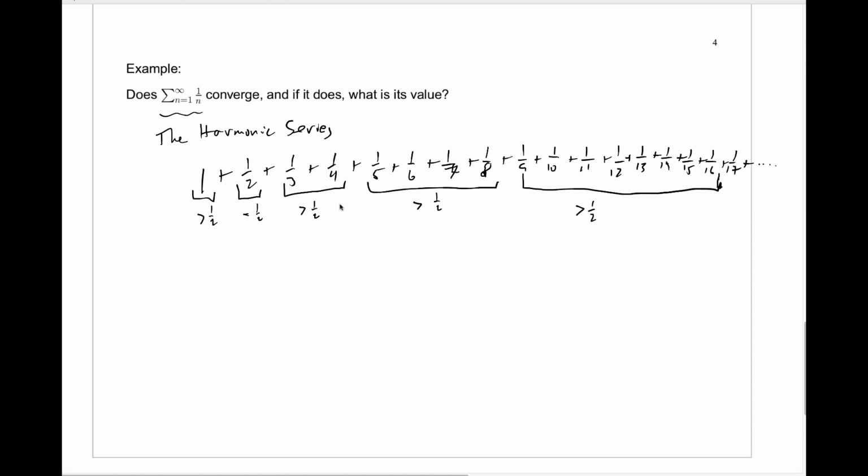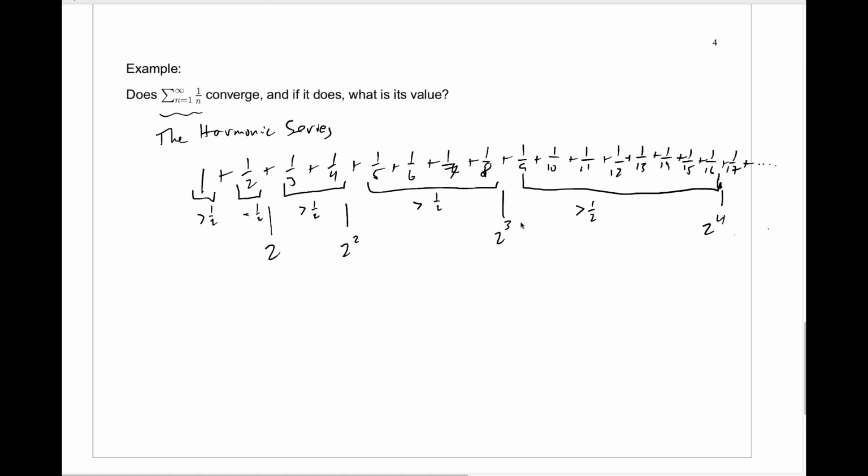If I stop where here I have 2 squared, this is the 4th term, or I'll write n equals 2 squared. Here I'm stopping at n equals 2, the 2nd term. Here I'm stopping after 2 cubed terms. Here I'm stopping after 2 to the 4th terms, etc.